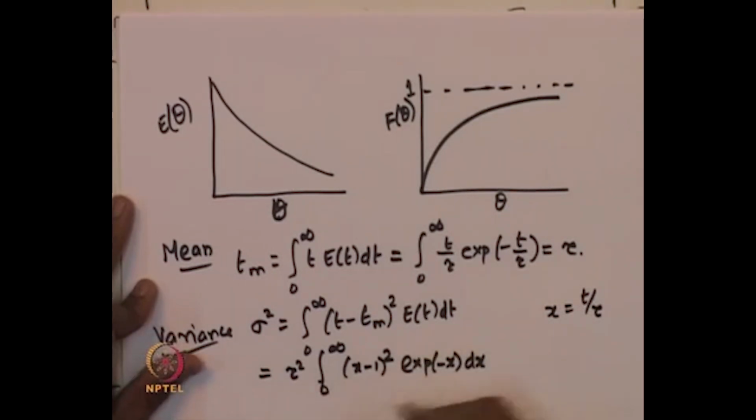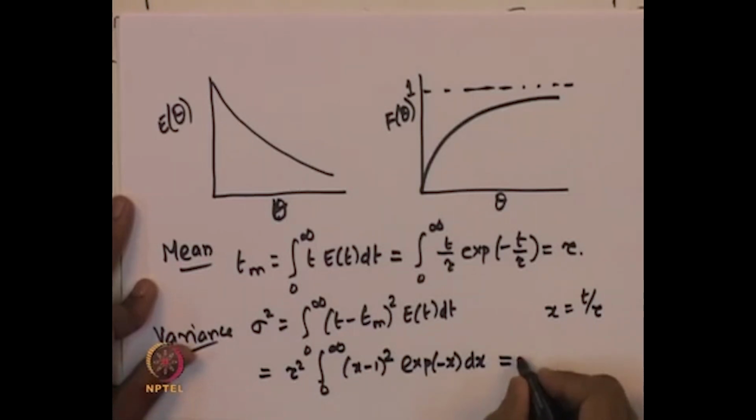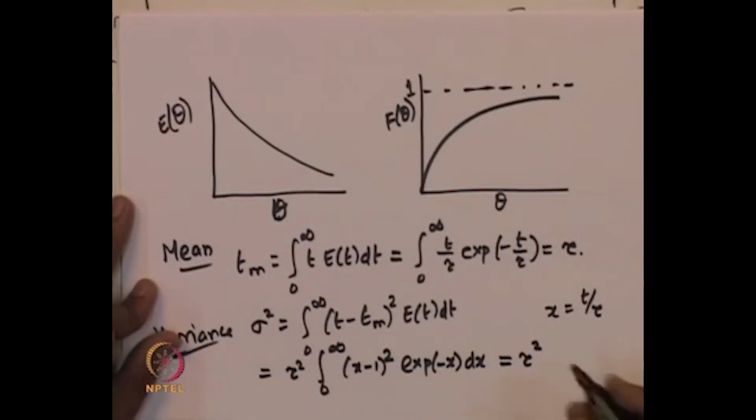Integrating this is a standard expression, and one finds that it is equal to tau square, which means that the standard deviation of the distribution is equal to the space time of the reactor itself.